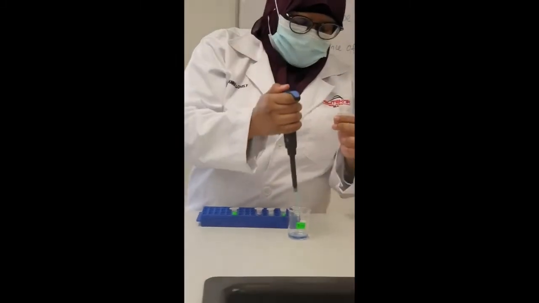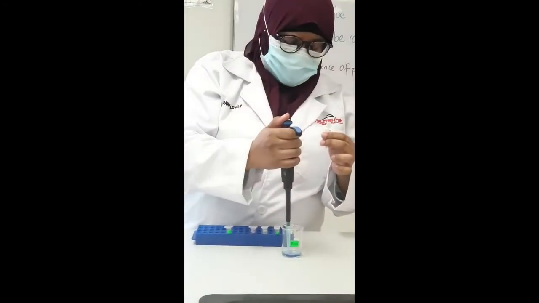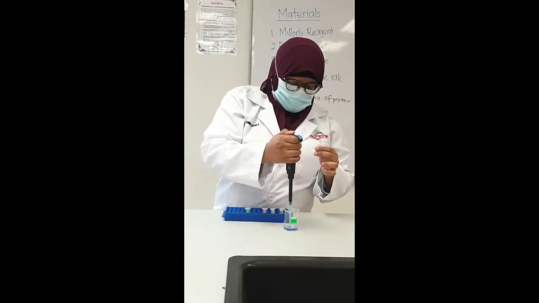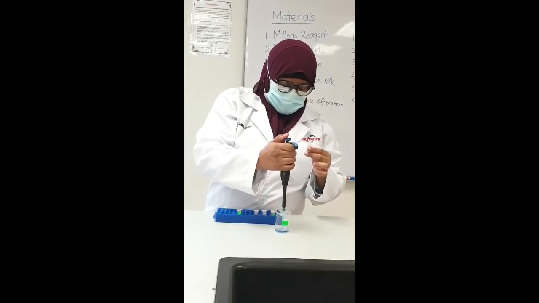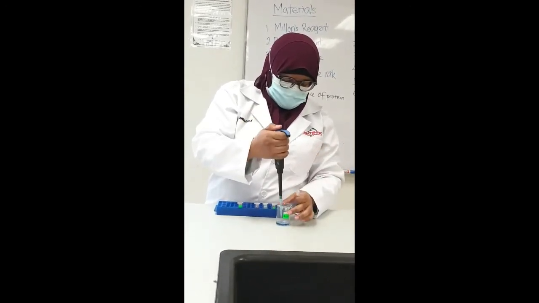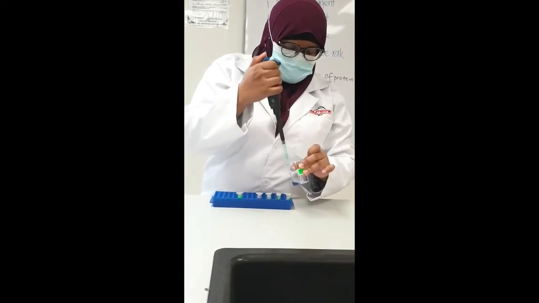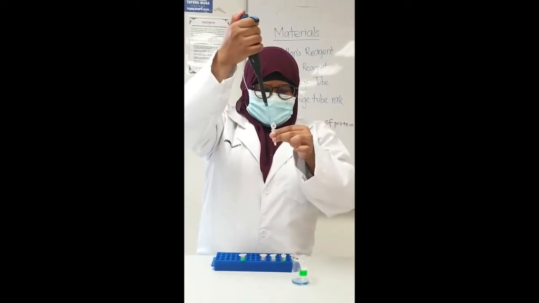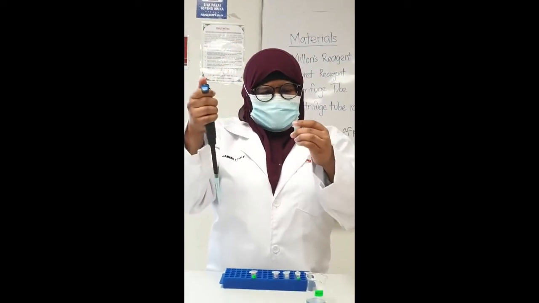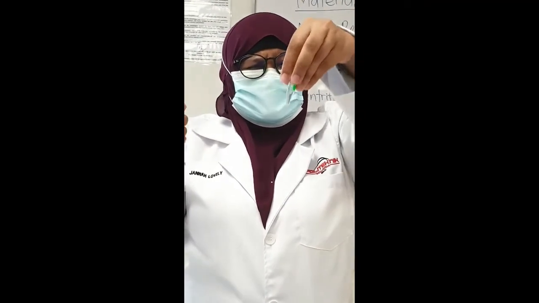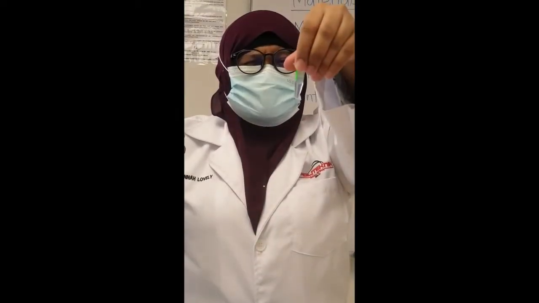So I'm going to add 500 microliters or 0.5 ml of Biuret reagent into the 1% tyrosine. This is the color change afterwards.